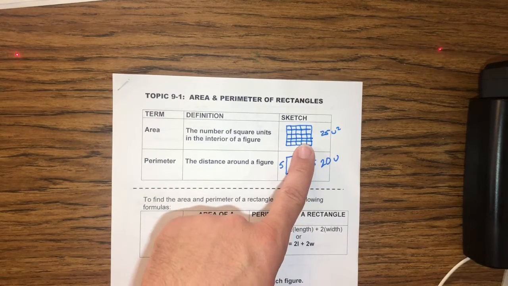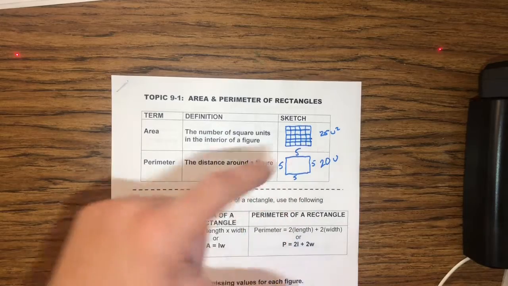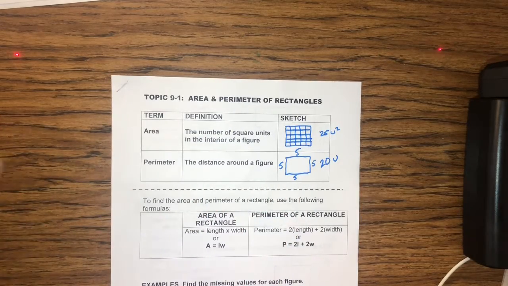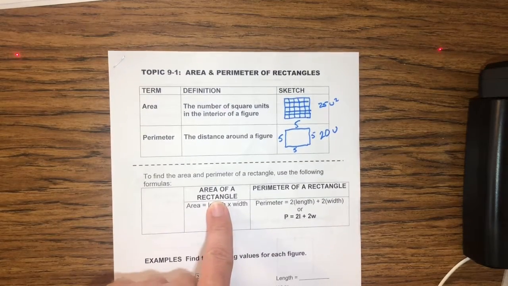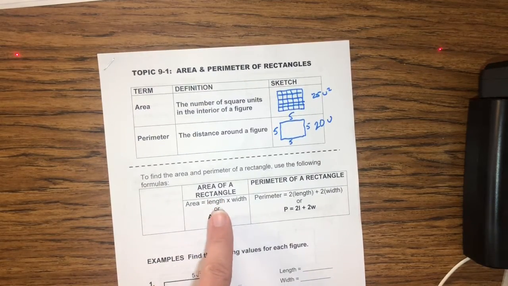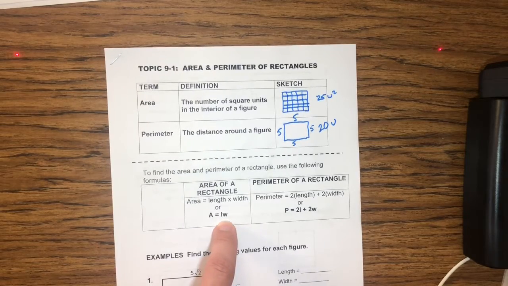Okay, so we could do this. This is actually a long way of solving this out. Hopefully as we go through these, you're going to see some formulas that kind of jog your memory and help you remember how to do all this. So when we talk about area of a rectangle, we're going to use the formula that is length times width.